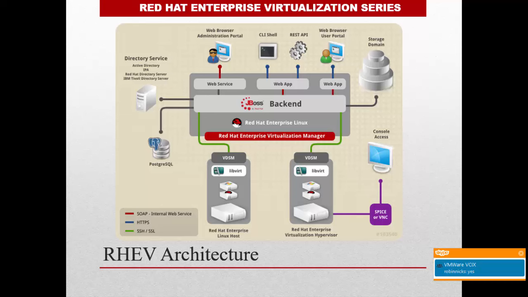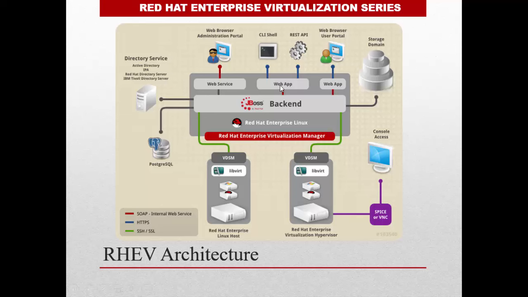So this is the RHEV architecture. The main architecture is the management component, the Red Hat Enterprise Virtualization Manager, which runs a JBoss backend powered by Red Hat, and you will see web services or web portals for administrators and users. The administration portal will have all the nuts and bolts to configure your physical to virtual infrastructure, but your user portal will be restricted in a way, so that users have only the set of permissions and roles that are assigned to them.